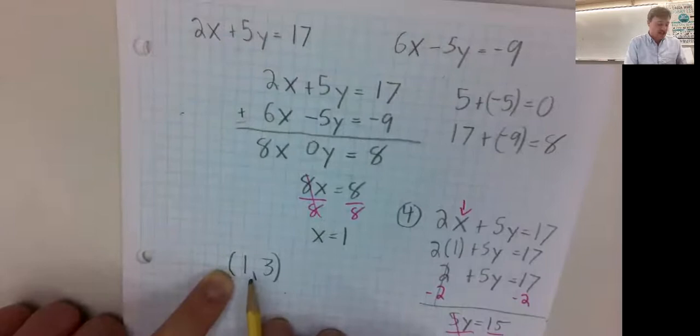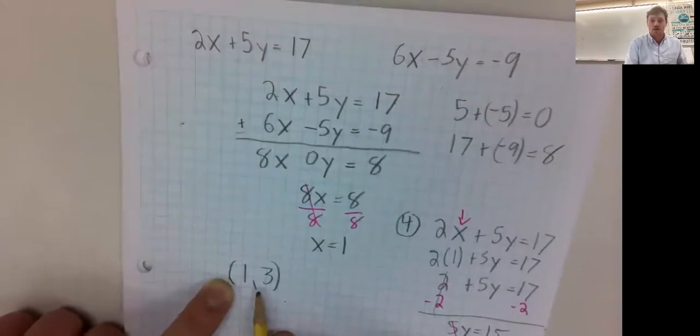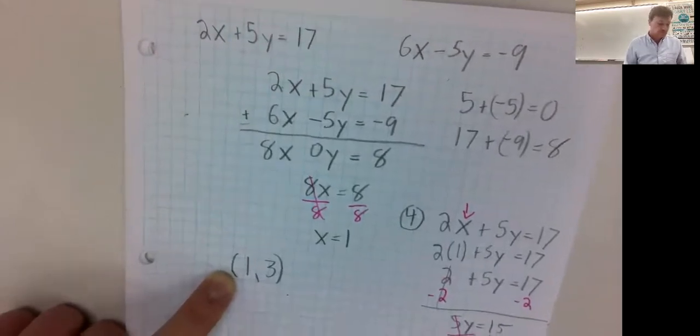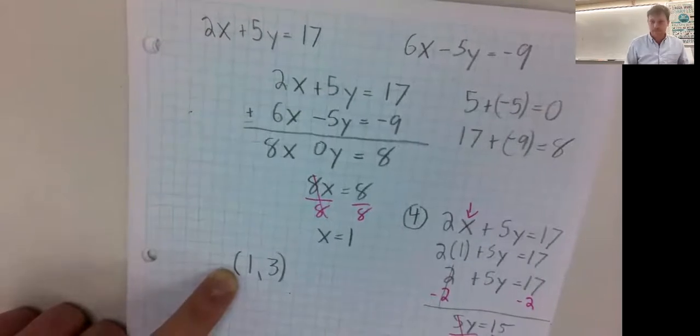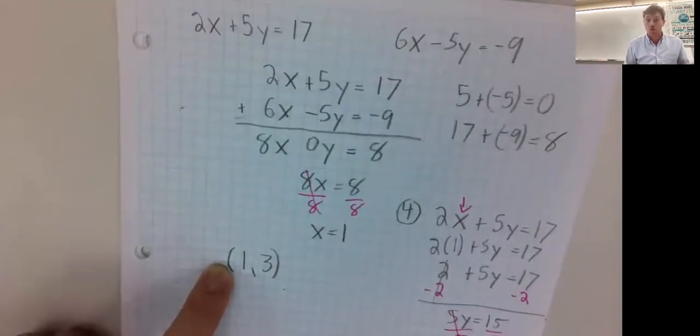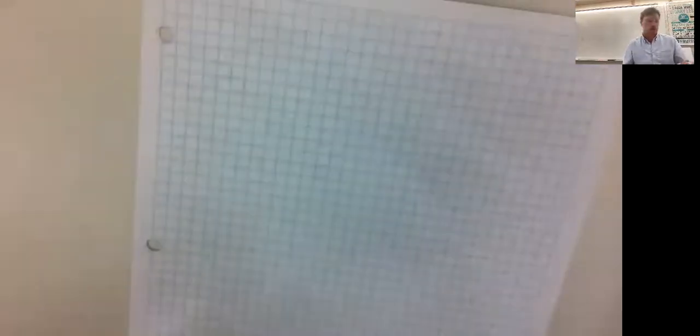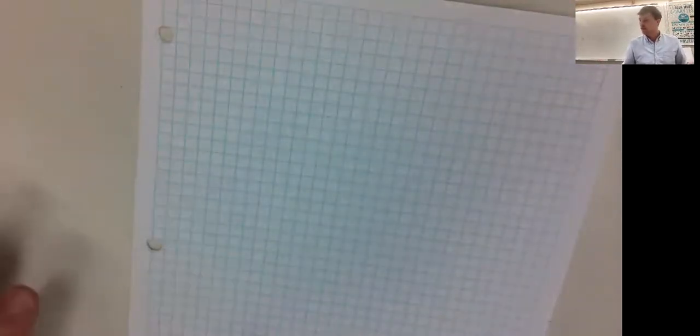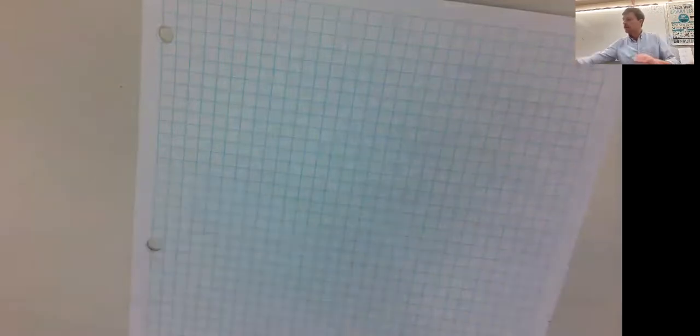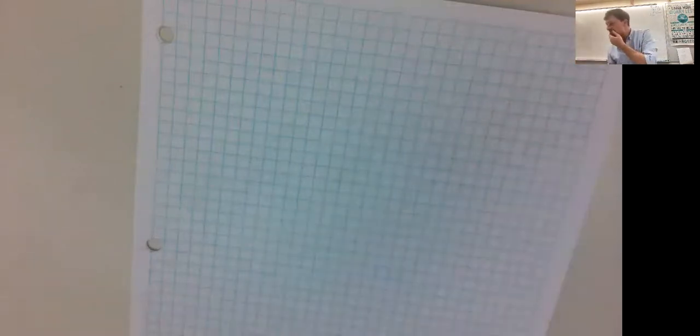Okay, so my solution is 1, 3. I am done with this problem. Let's do another one where we're going to use a different operation than adding. And that is going to be, what are we going to say?